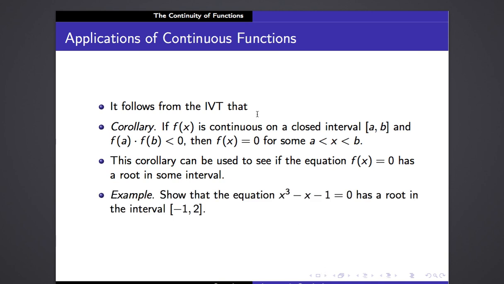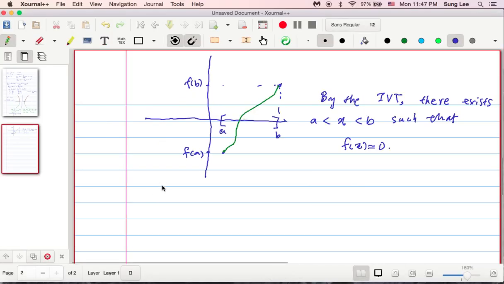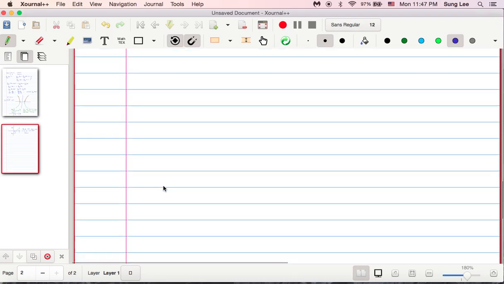All right, so here's an example. Show that the equation x cubed minus x minus 1 equals 0 has a root in the interval -1, 2. Okay, so let me go to my notepad.